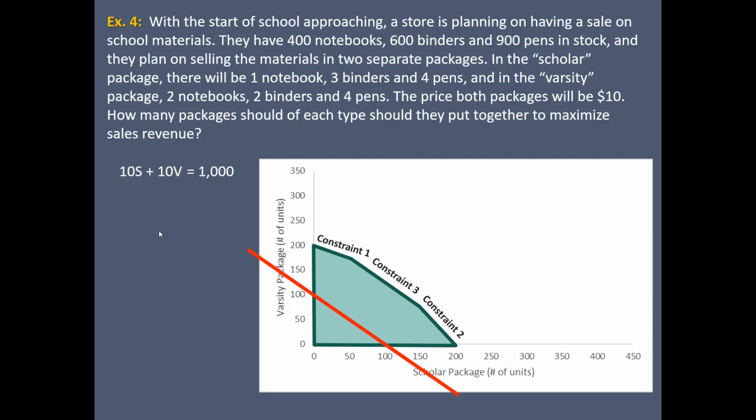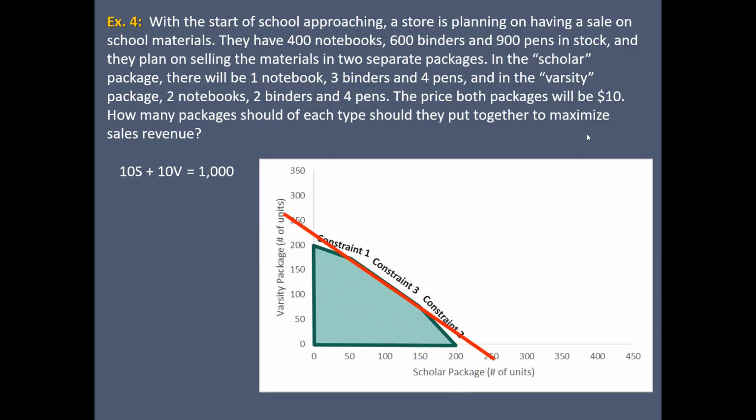Now, whether this is a maximization or a minimization problem, we want to slide that objective function to the closest point it can possibly hit in the feasible region, the shaded green region: the closest point to 0, 0 if this were a minimization problem, or the furthest point from 0, 0 if this is a maximization problem, which it is. So now I'm going to slide that line as far as I possibly can away from the origin.